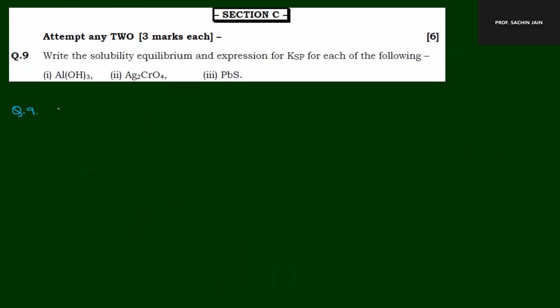What to write in this? Equilibrium means that expression, that is our reaction. When you dissolve Al(OH)3 in water, it will establish an equilibrium between the undissolved salt and the ions. What are the ions? Al3 plus and 3OH minus. This is called solubility equilibrium.